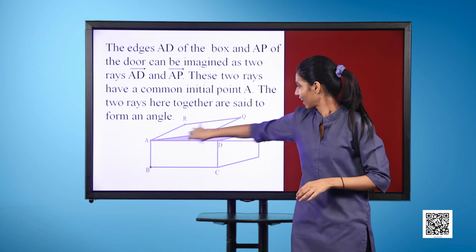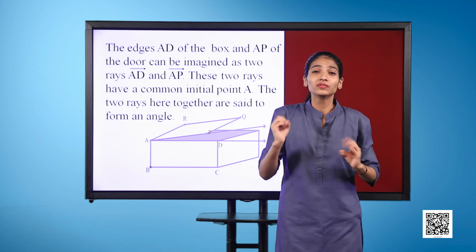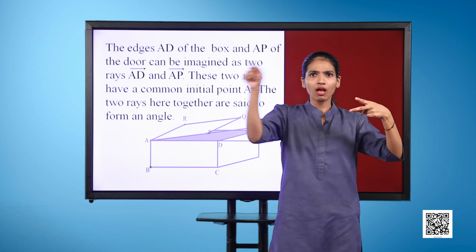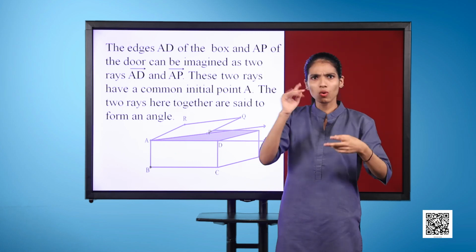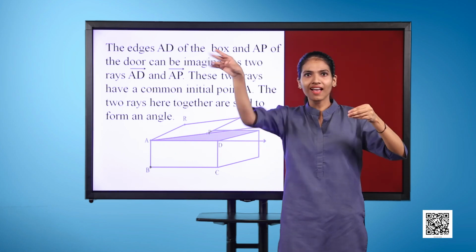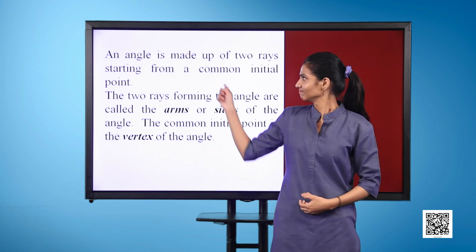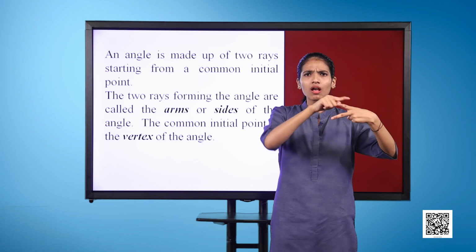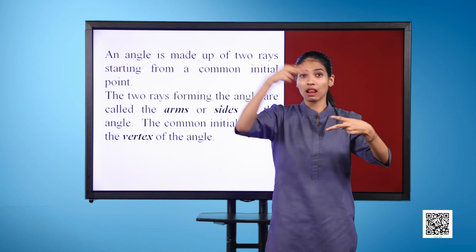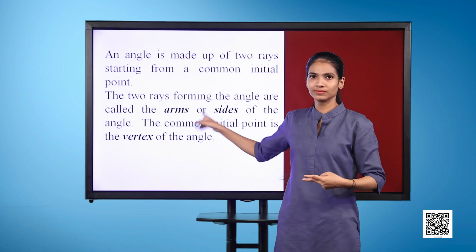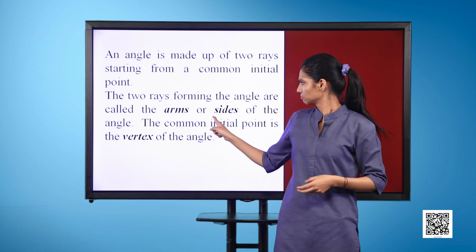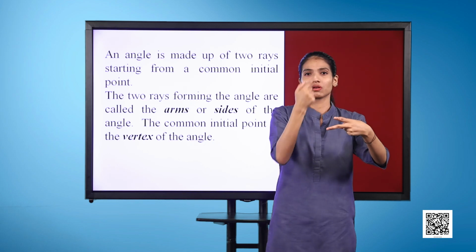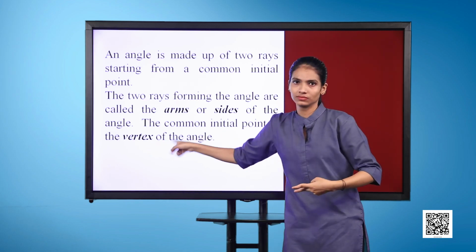These two rays have a common initial point A. The two rays here together are said to form an angle. An angle is made up of two rays starting from a common initial point. The two rays forming the angle are called the arms or sides of the angle. The common initial point is the vertex of the angle.